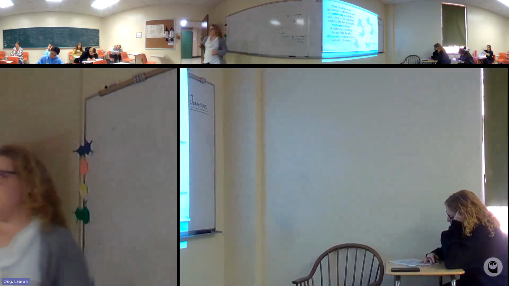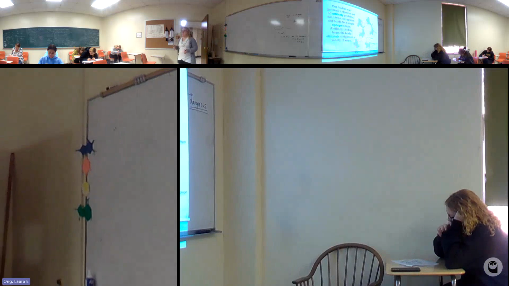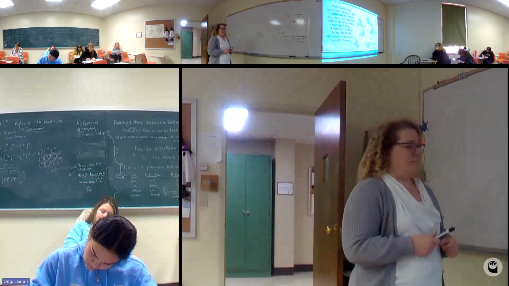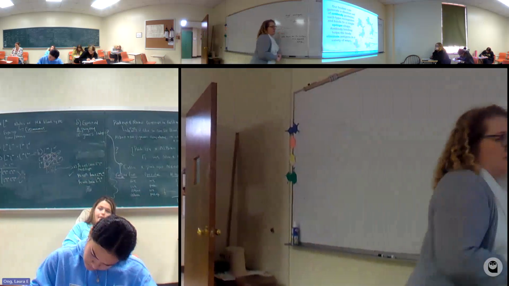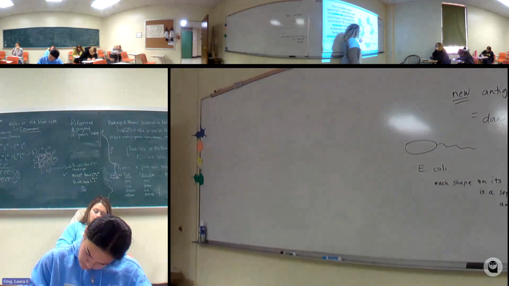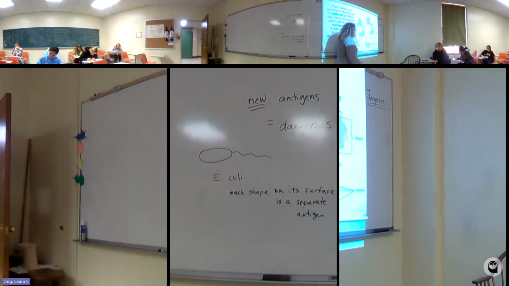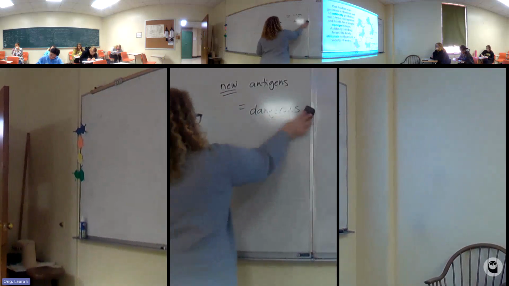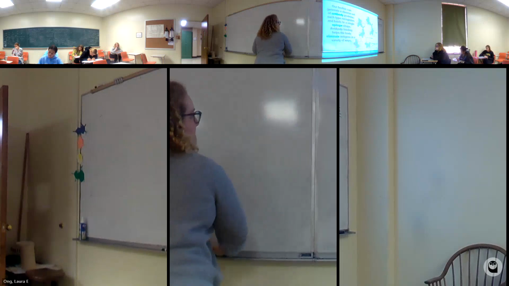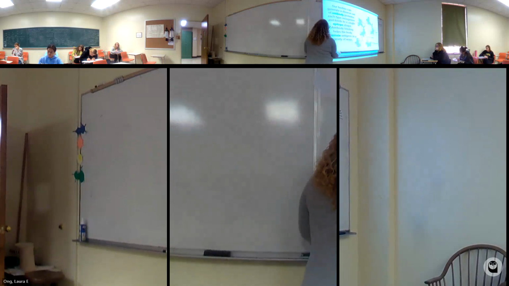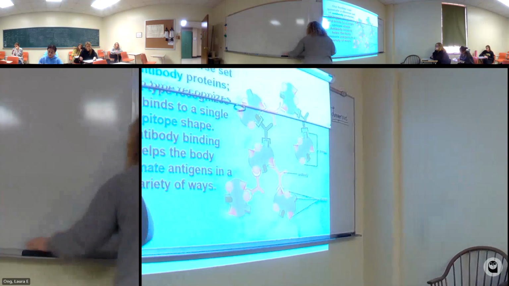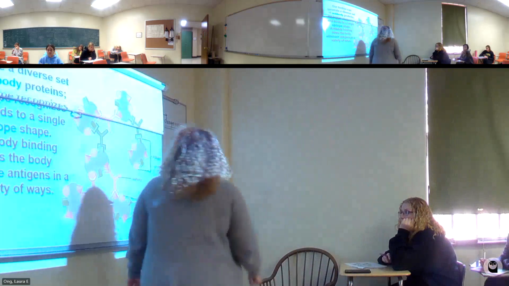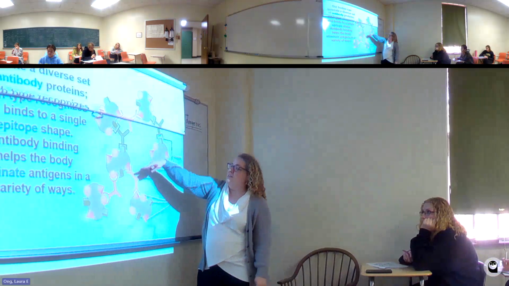So when our body experiences new shapes that are dangerous, we'll go through a process of making antibodies. In this picture, the antibodies are shown with this Y shape here. And each different antibody type is going to bind onto a different shape. So we see here, they're coloring them different colors.